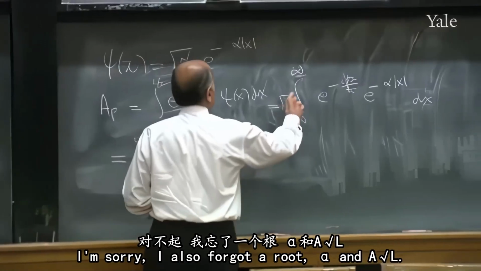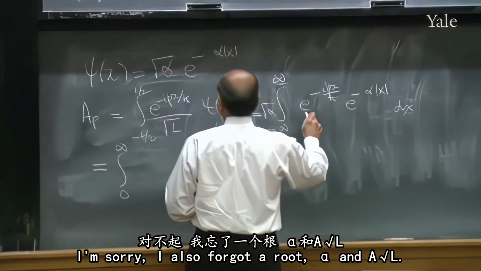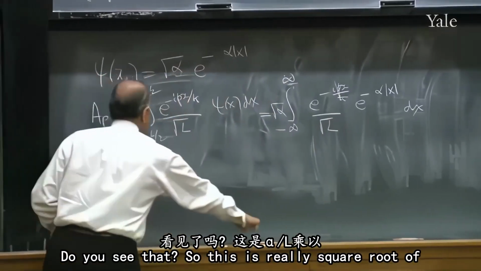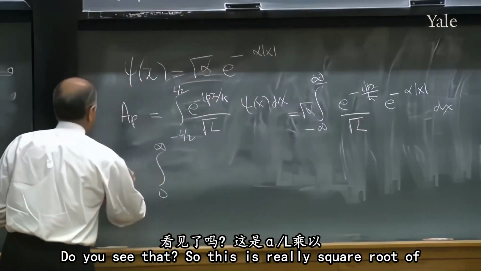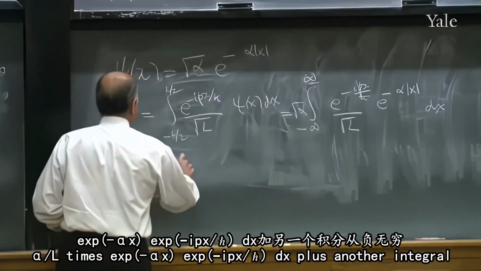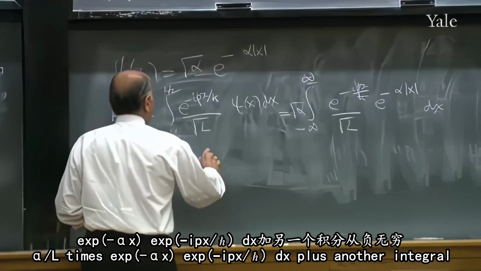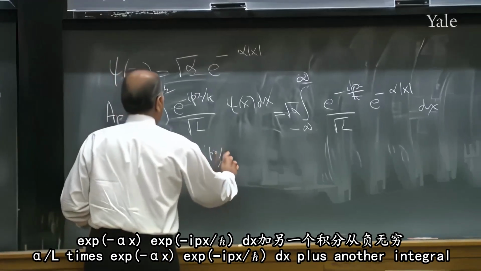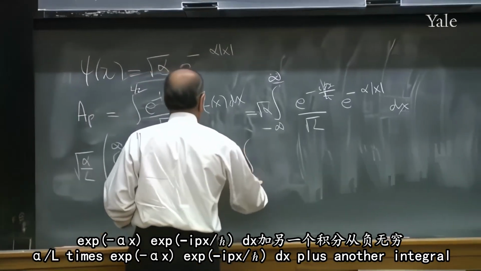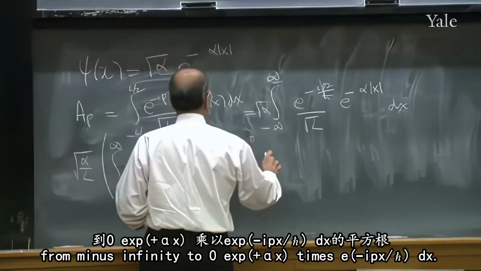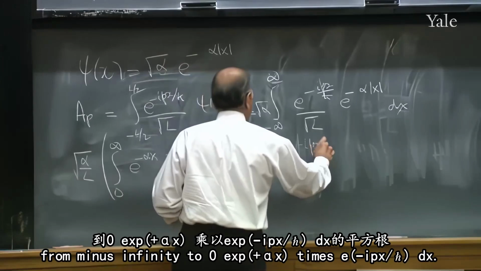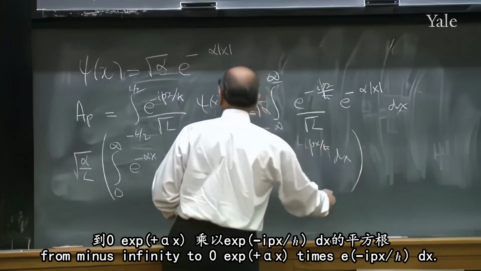I'm sorry, I also forgot a root alpha and a root L. So this is really square root of alpha over L times the integral of e to the minus alpha x e to the minus ipx over h bar dx, plus another integral from minus infinity to 0 of e to the plus alpha x times e to the minus ipx over h bar dx.